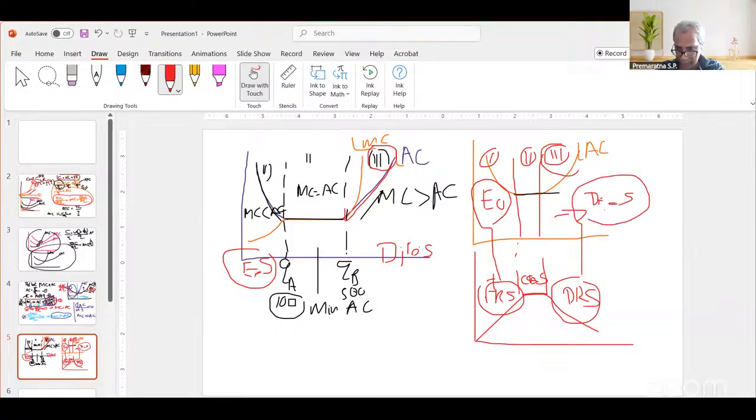Whatever the reasons for increasing returns to scale are the reasons for economies of scale. Whatever the reasons for decreasing returns to scale are the reasons for diseconomies of scale. So very easy. Now, what we call constant returns to scale on the production side, on the cost side we call minimum efficient scale.